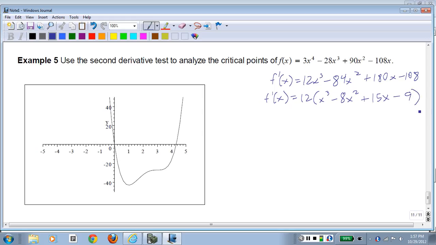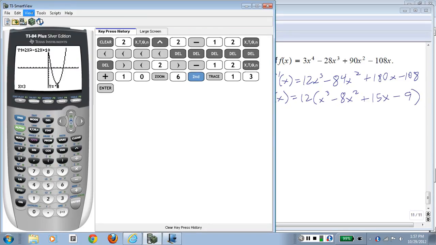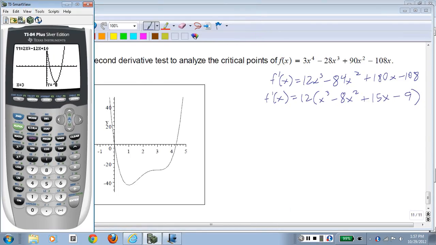I think this is the same function that we previously... Maybe not. We've never seen this before. Does it look similar? It might be similar. Let's look. I'm going to lose the 12, and I'm just going to say minus 8x squared plus 15x minus 9.